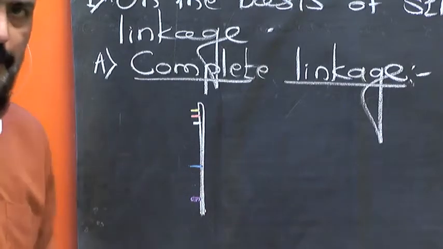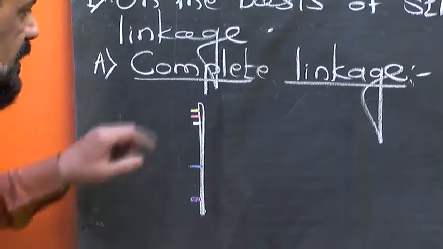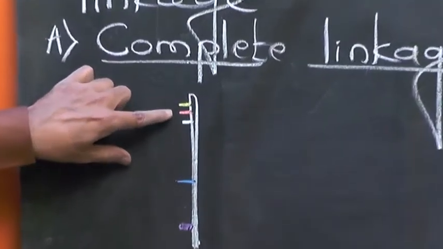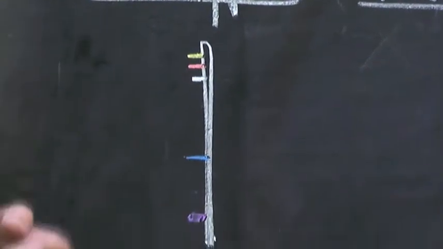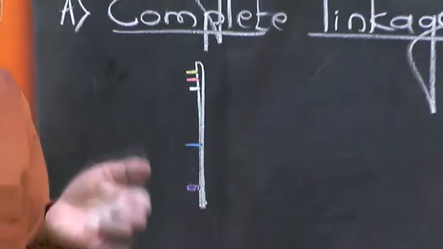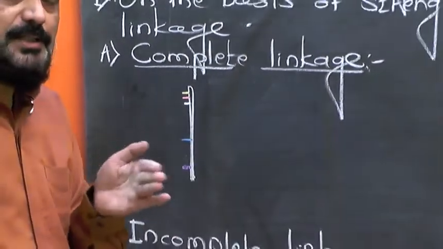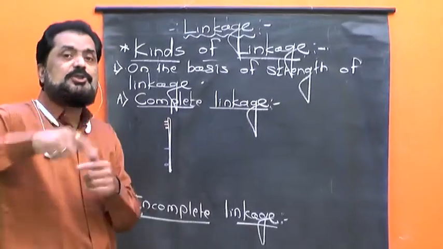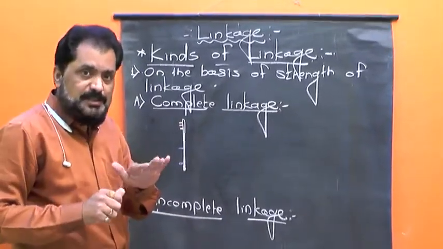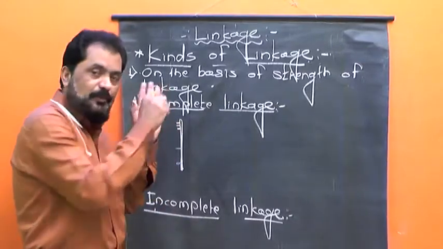These are supposed to be the genes. In this diagram, as these yellow, pink and white colored genes are placed very close to each other, they always try to remain together and inherit together generation after generation. Means they do not separate from each other.